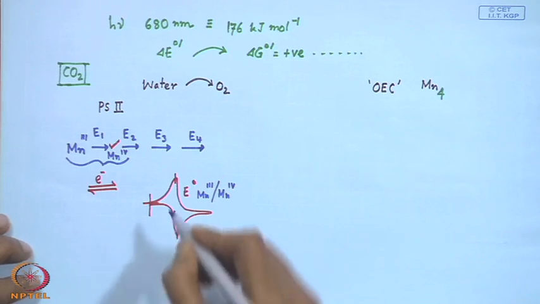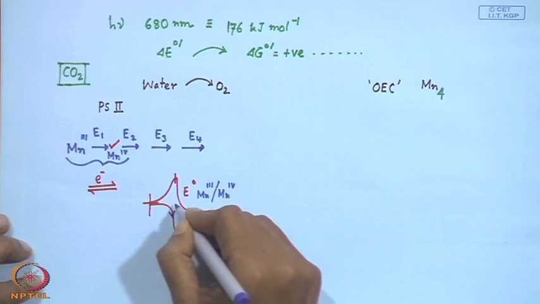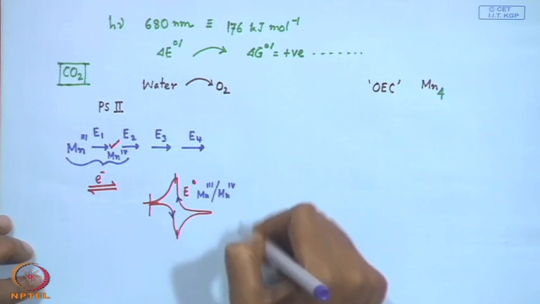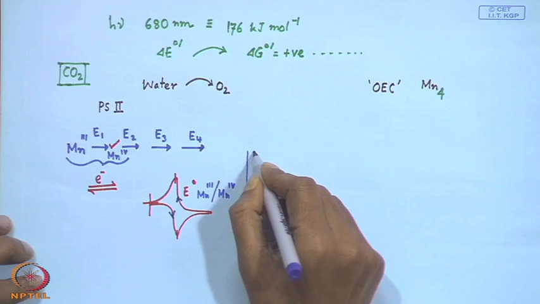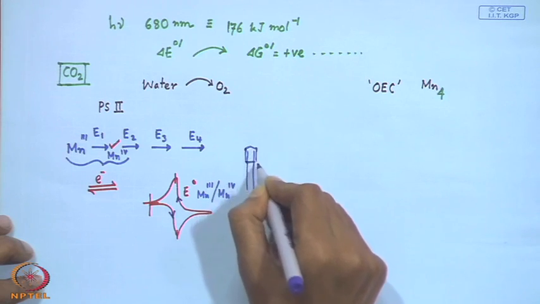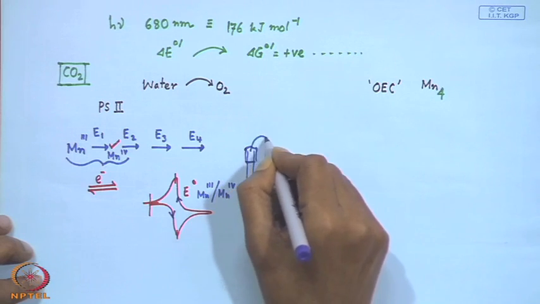So, what happens is, when you oxidize it, we then reverse the course of its scanning. That means, on the electrode surface, say a platinum electrode, platinum is there and is connected.